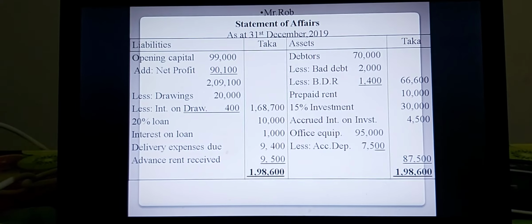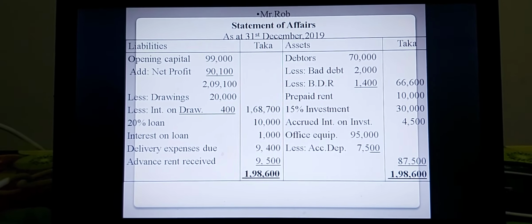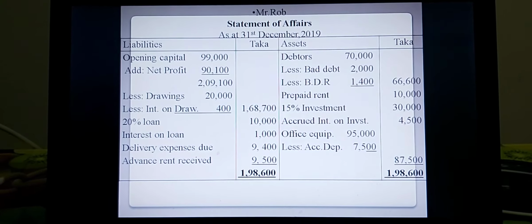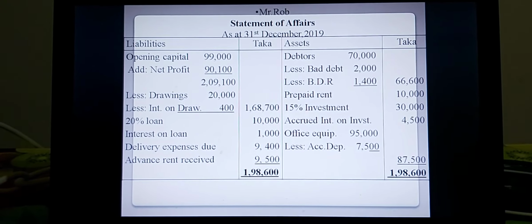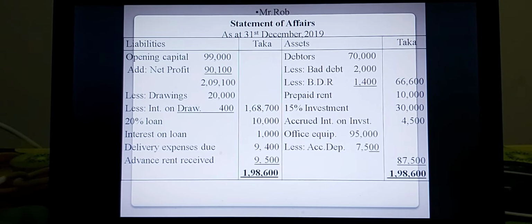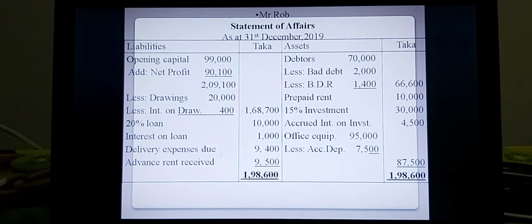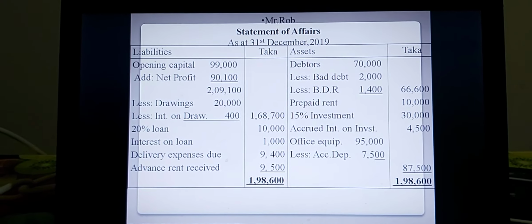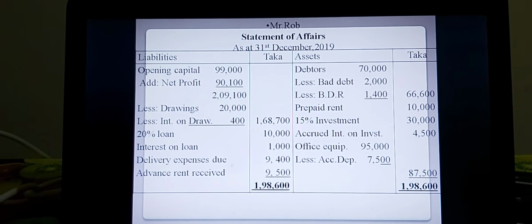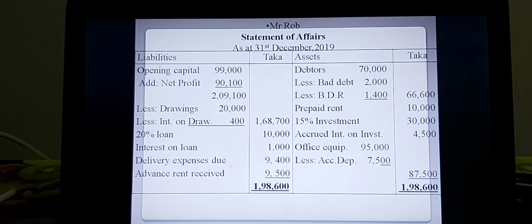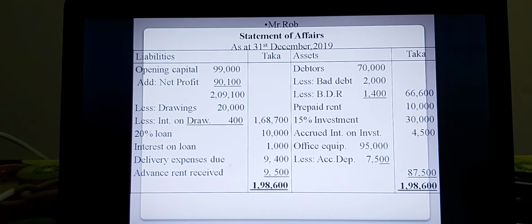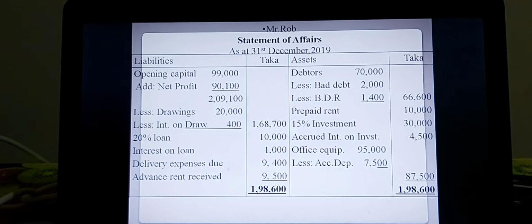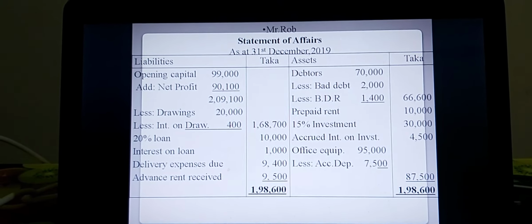So at this moment net amount of office equipment is taka 87,500. Total assets for this year of Mr. Ravi's business is 1,98,600. You are watching on the liability side total amount 1,98,600, and on the asset side total assets 1,98,600 are equal.